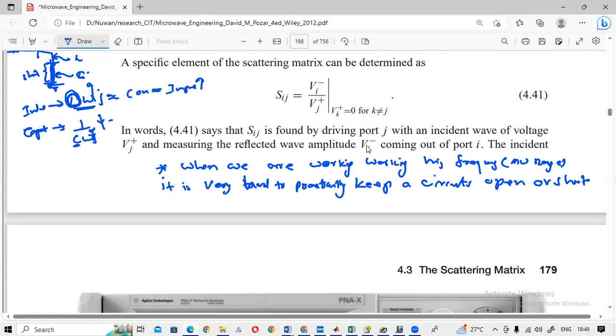So this point you should note. Is it clear for you? Is this statement okay with you?